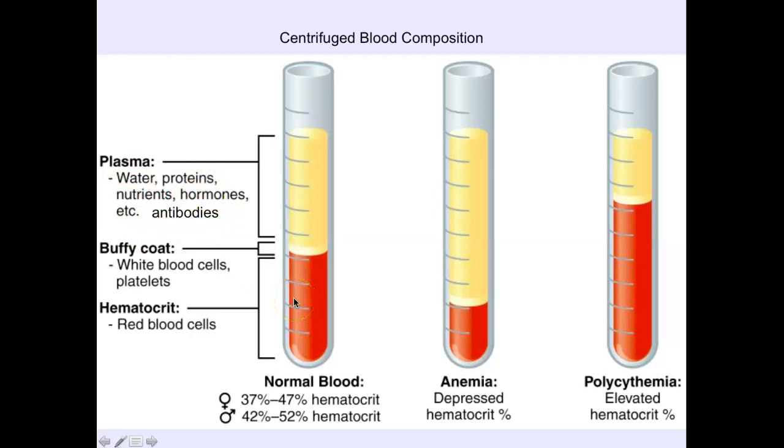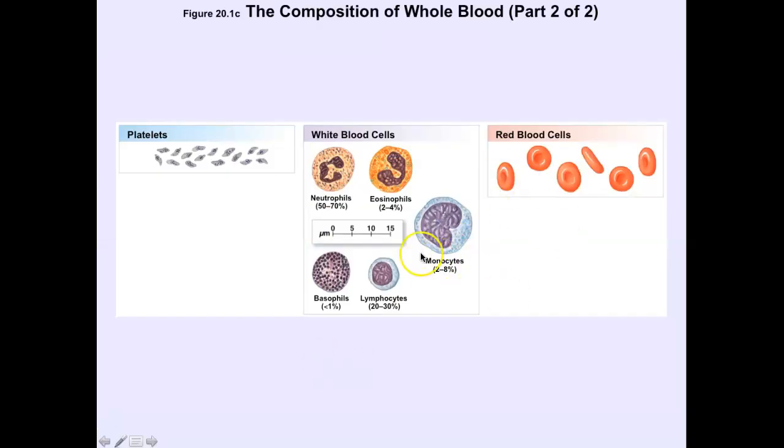One of the things I ask my students is, because when you centrifuge something, the heavier components lay down on the bottom of the test tube and the lighter components rise to the top, why is it that our red blood cells are so heavy? If we take a look at the diagram or images, the white blood cells have this large, heavy nucleus, and the red blood cells do not have one.